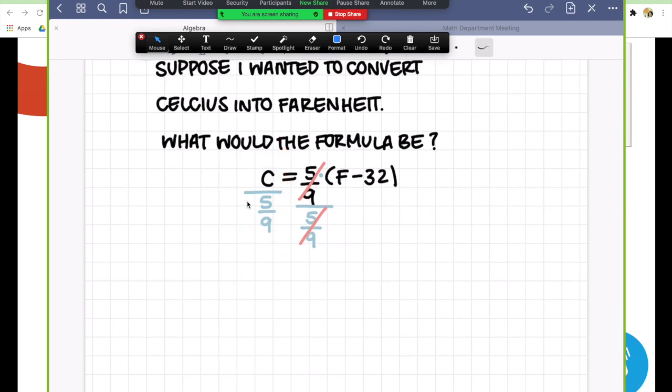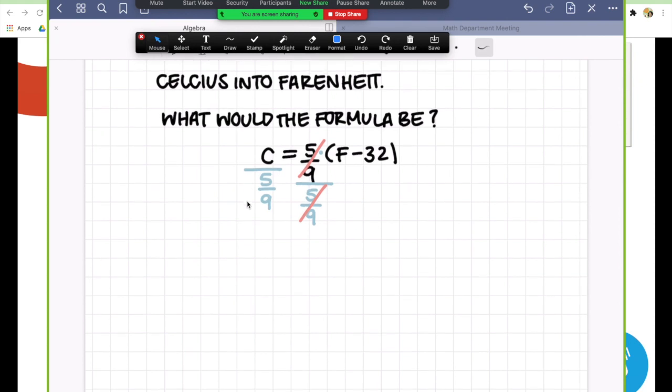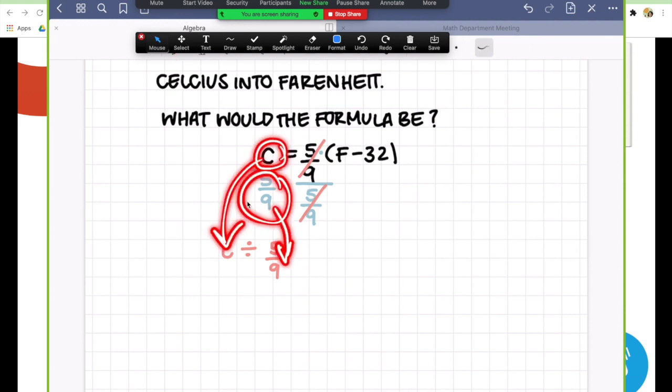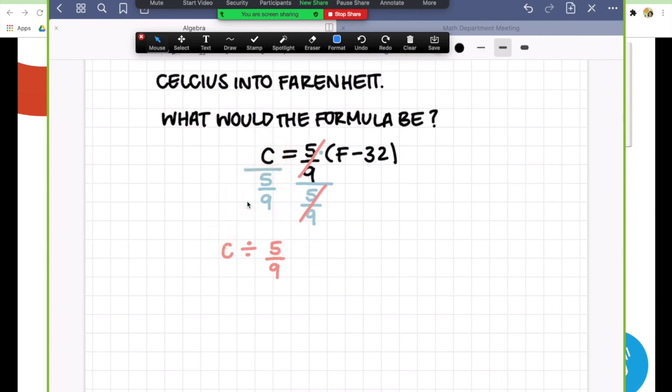And it makes it look confusing and I don't like it, so I'm going to make it look a little nicer. I know that C is dividing by the 5/9. Whenever we write the equation down, the top number is always going to be on the left side and the bottom number always goes to the right. So that looks a little bit more appealing than the other expression here. This one was just ugly looking.